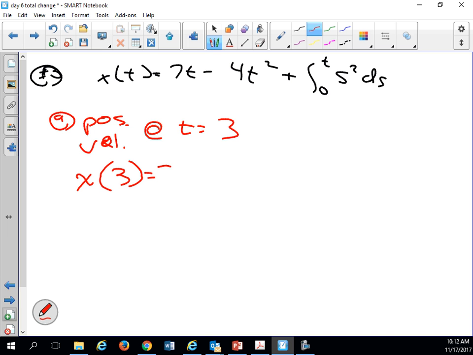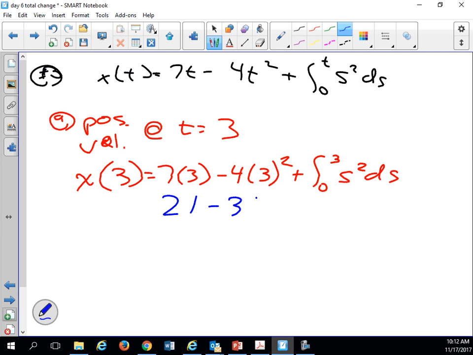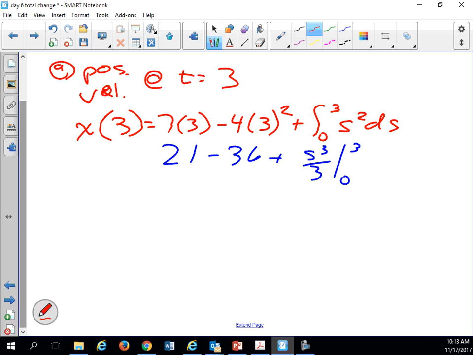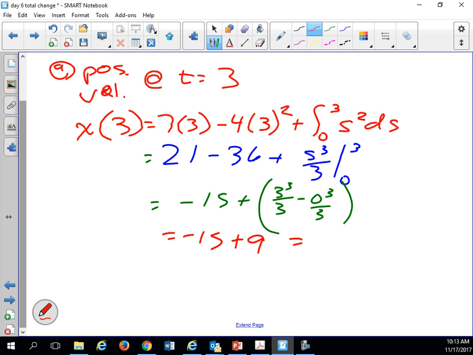X of 3, 7 times 3, minus 4 times 3 squared, plus the integration of 0 to 3 of s squared ds. 21 minus 36 plus s cubed over 3, evaluated from 0 to 3. So that's this. Negative 15 plus 3 cubed over 3 minus 0 cubed over 3. Or negative 15 plus 9, negative 6. There's my position.